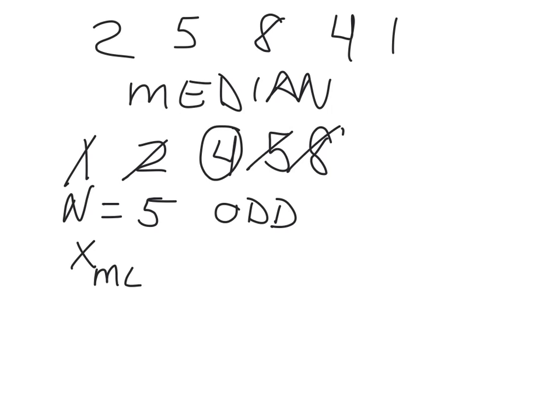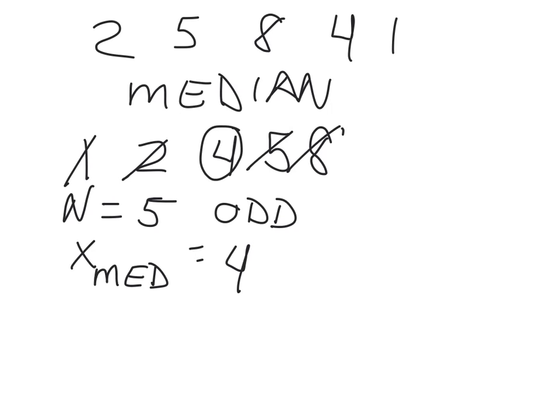So the median, and I usually give it notation X subscript MED, is 4. Now we're going to do an example in a minute where you have an even number and you're going to have 2 values left over and you're going to actually average them. Okay, but hang on a minute.